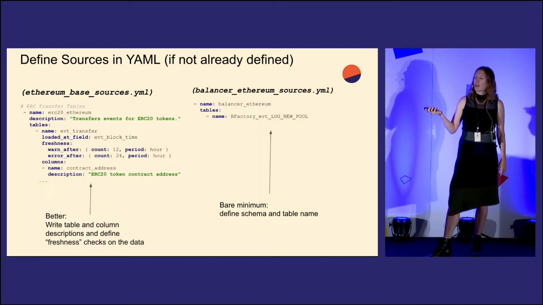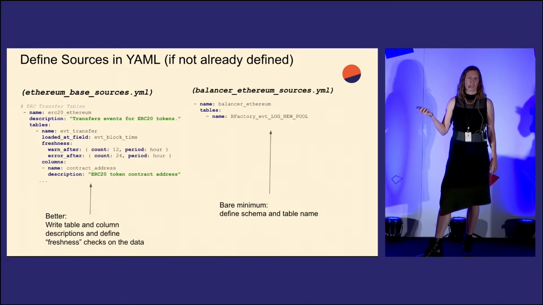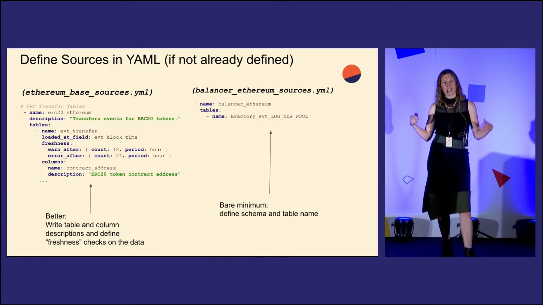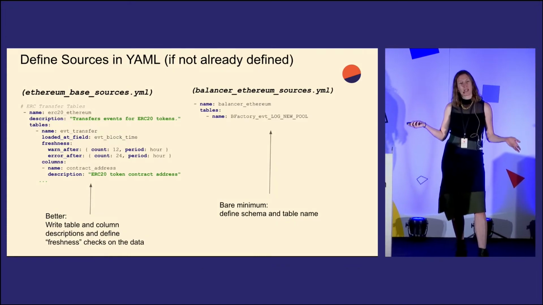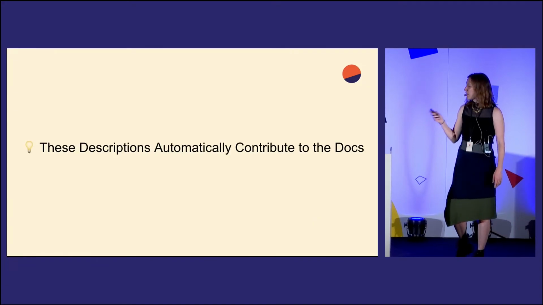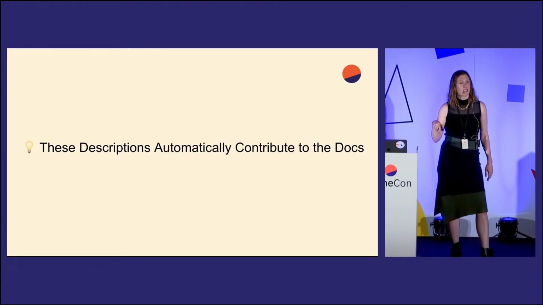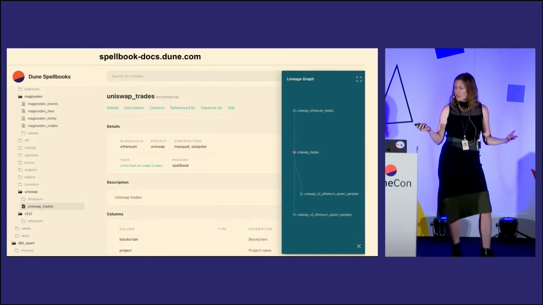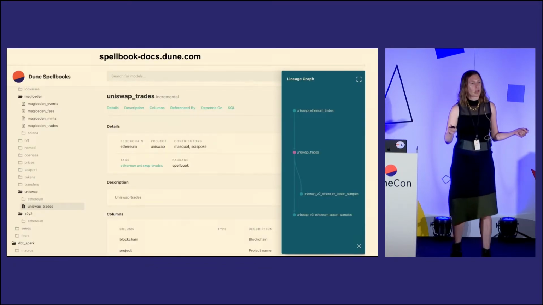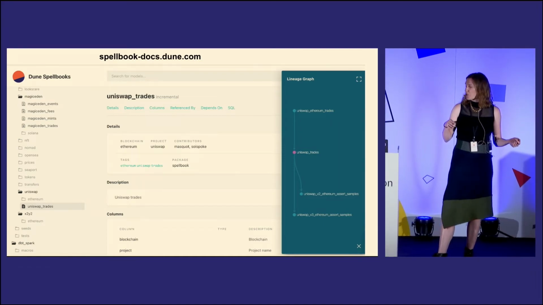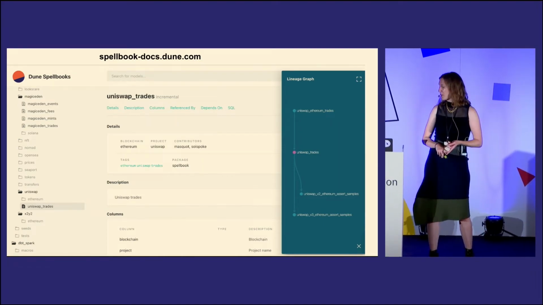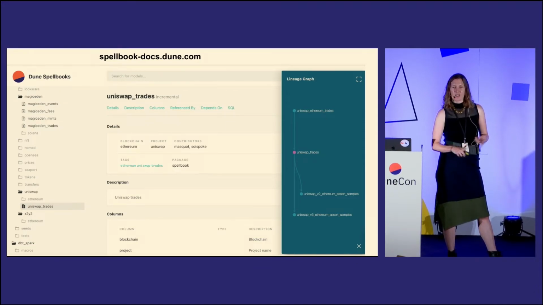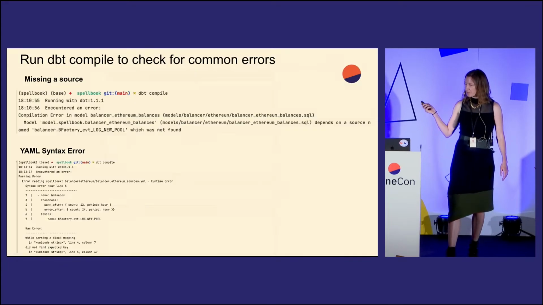You can define source freshness tests, which is an extra layer of security that guarantees your data is up to date. And you can also write custom tests against these sources. A nice thing about contributing to this is it automatically goes into our documentation, which has a nice little UI created by DBT. So this is also the place where you might be able to say you're the contributor or write a nice little ad for your project describing what it's doing.